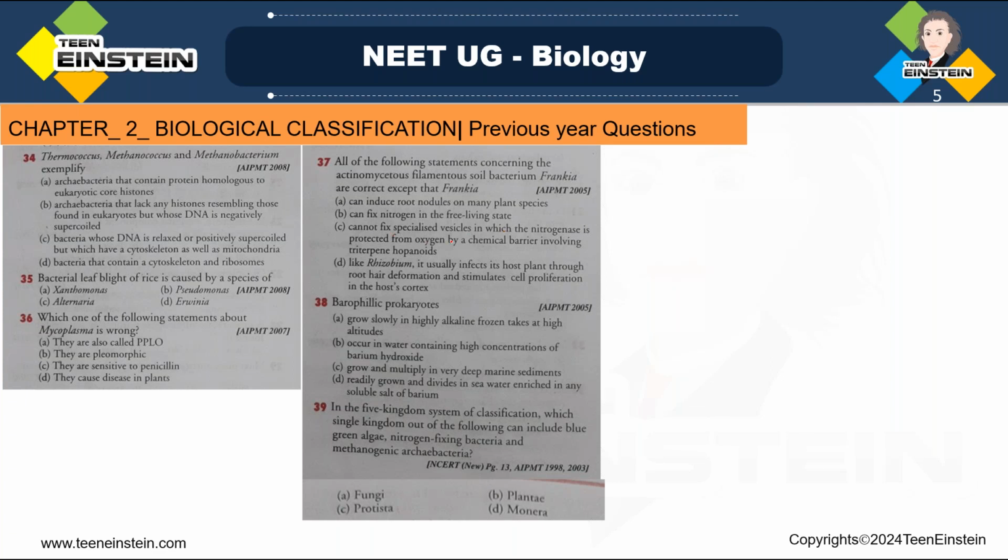Frankia has specialized vesicles in which nitrogen is protected from oxygen by a chemical barrier involving triterpene hopanoids. And the fourth option is Frankia, like rhizobium, usually infects its host plant through root hair deformation and stimulates cell proliferation in the host cortex. So which statement can we select here?